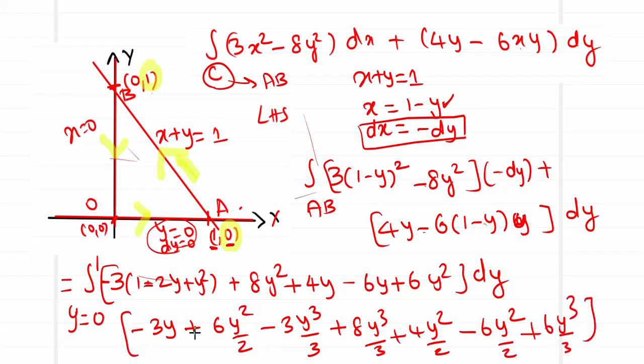The limit to be applied is going to be between 0 to 1. Apply the upper limit 1 and the lower limit will automatically become equal to 0.